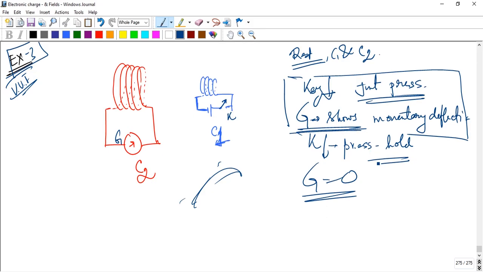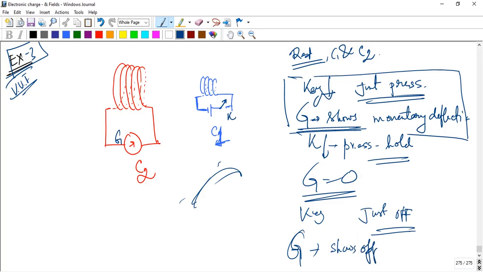Similarly, when the key is turned off, G shows a deflection on the opposite side, in the opposite direction.